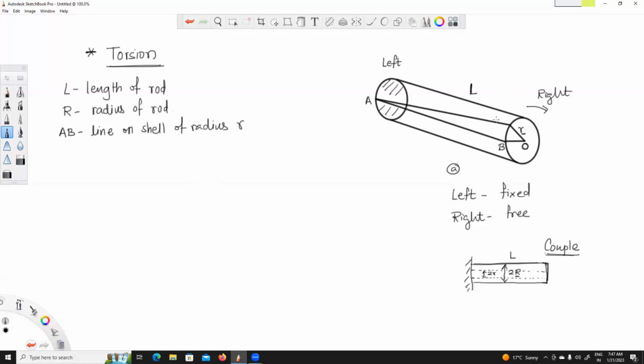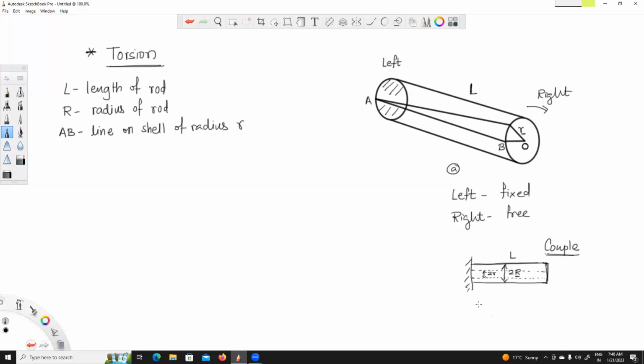As we have assumed this shell, we have taken first a simple line AB. Now, as we have subjected this rod to a twisting moment, or a couple, it is going to produce an exactly equal amount of couple at the fixed end in the opposite direction.